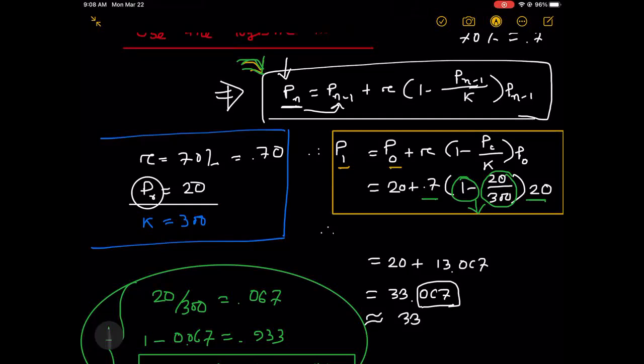I'll ask you questions, because no one had any questions, so that means you are already okay with this. So I'll ask questions one by one on how to do this. Find P2 using this given information.